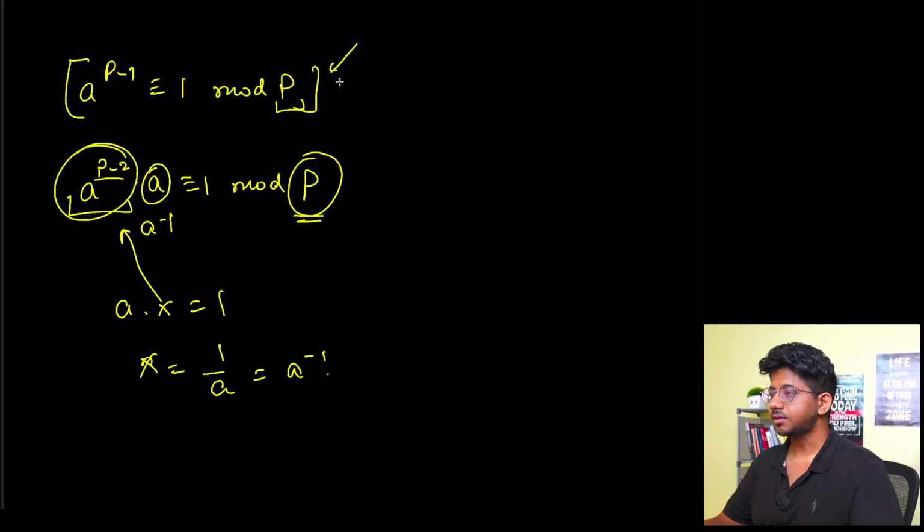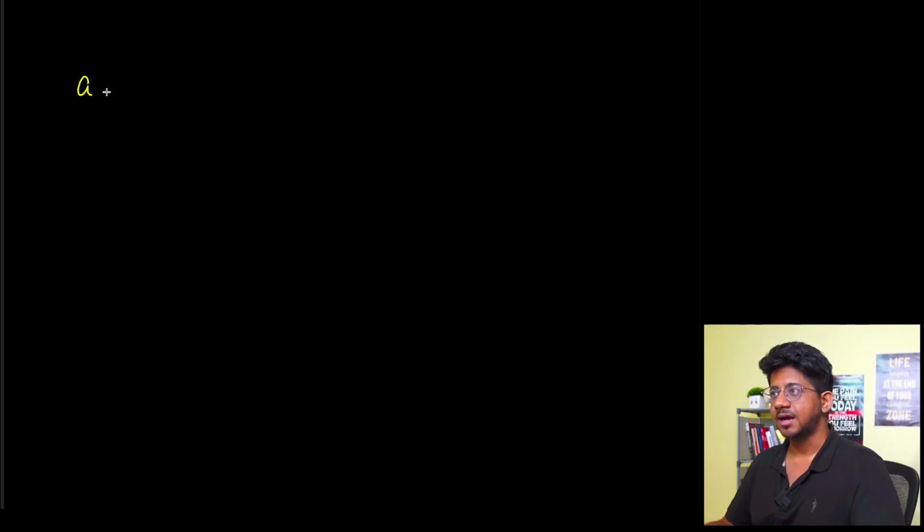Okay. But then we don't always want to go into this side of the equations, and we want to do it in a generic way. So what is a generic way to think about inverses, right? So I can think about it this way: the main definition of inverse is that A into A inverse should be congruent to 1 mod some m, given m.